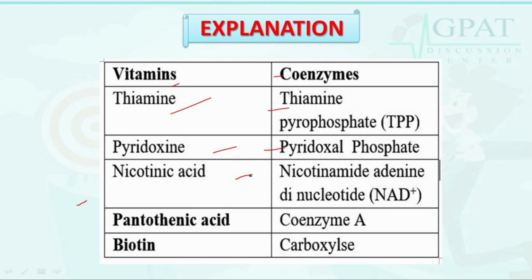In case of nicotinic acid, the coenzyme is nicotinamide adenine dinucleotide, that is NAD+. And in case of pantothenic acid, the coenzyme is coenzyme A, and in case of biotin, the coenzyme is carboxylase, which is asked in the question.